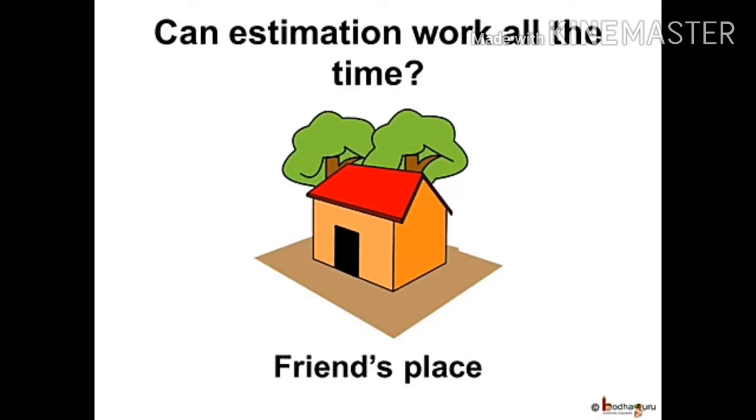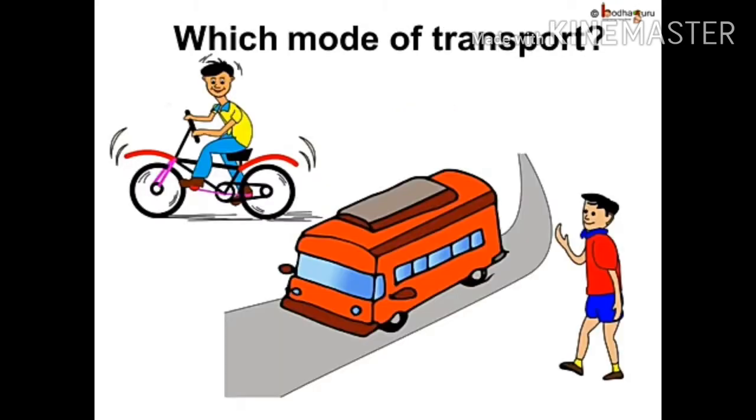Like if you want to go to a friend's place and you have his address but no idea how far or near it is, then you will be confused whether you should go there on foot, use a bicycle, or take a bus. In this case, knowing the exact distance between your home and friend's house helps you to choose the appropriate mode of transport.